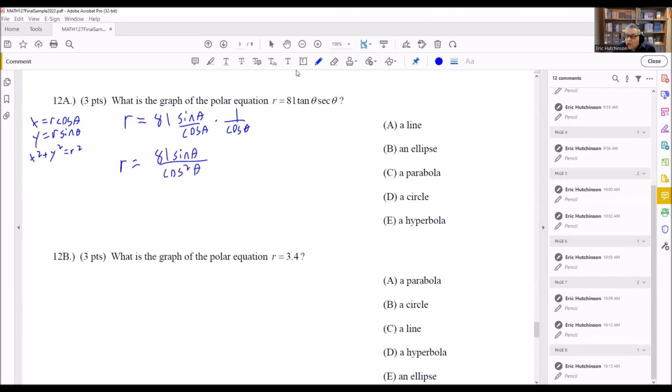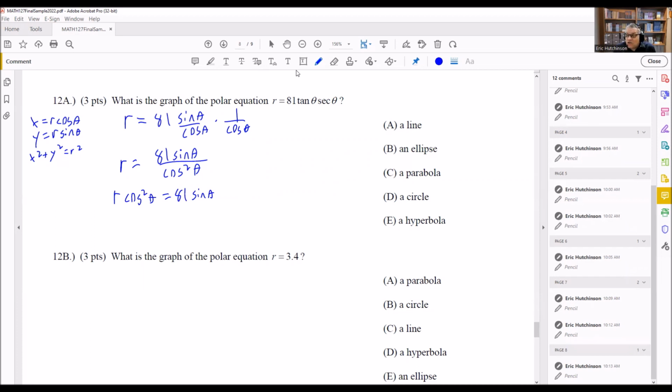All right. From here, I probably want to get rid of the fraction. So I'm going to multiply both sides of this by cosine squared. So I have r cosine squared theta. If I multiply the right-hand side by cosine squared, that's going to cancel out the cosine squared, and we get 81 sine theta. Now here, I can't make any substitutions.